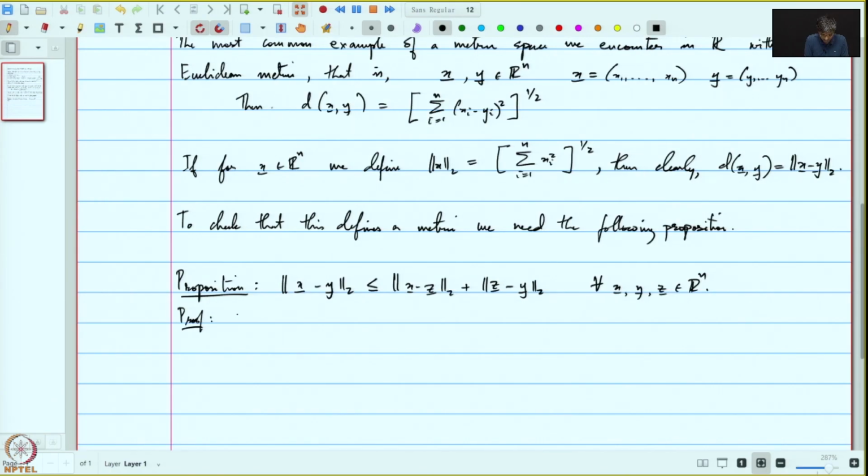It is enough to check this, and this is left as an easy exercise, for all x and y.